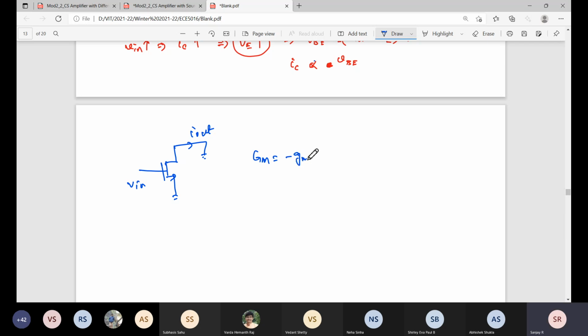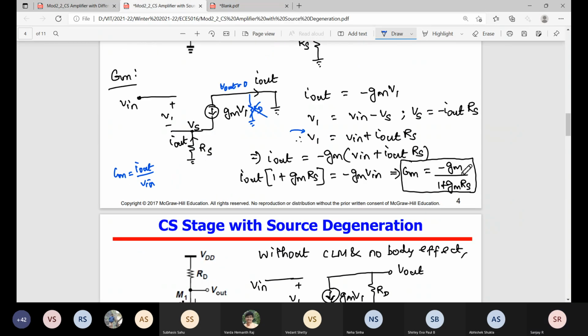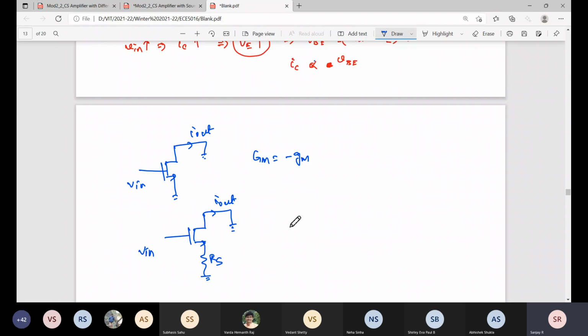Minus gm. Am I right? Yes, sir. Okay, I'm adding a source degeneration resistor. So what is the effective Gm here? Just now we have found minus gm divided by 1 plus gm RS.